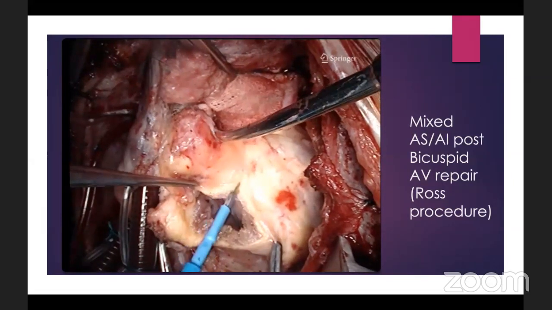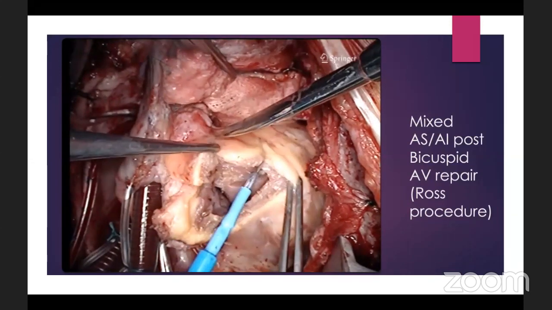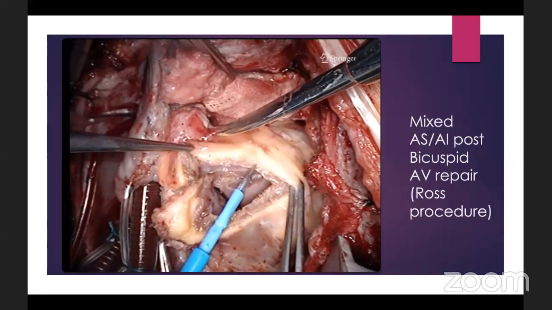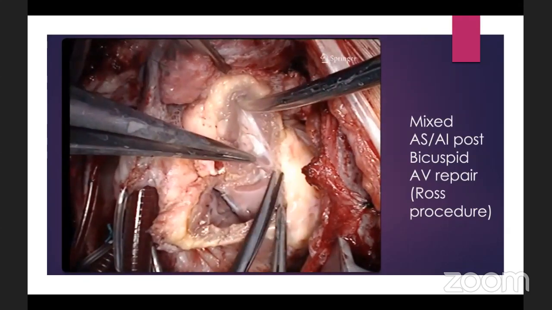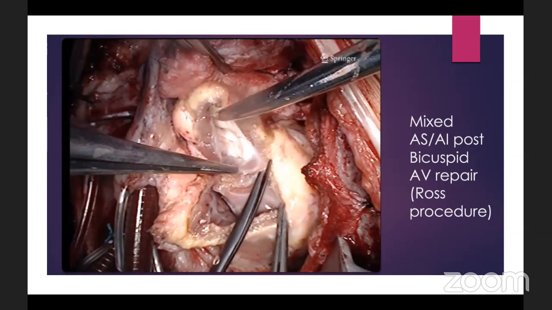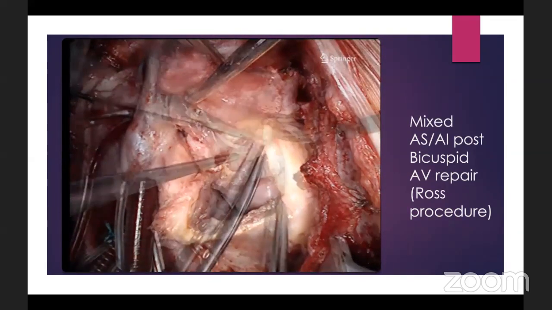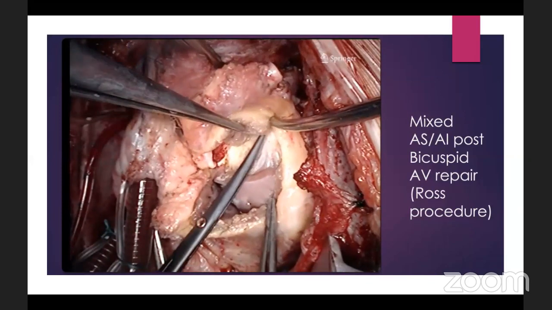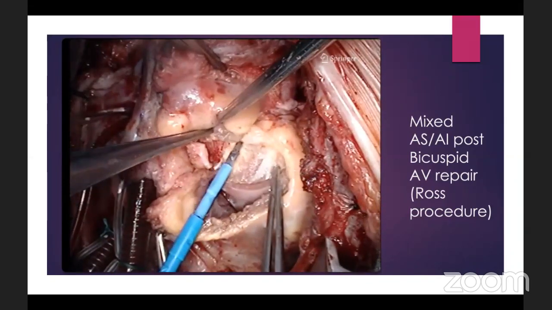Now, because of the advances made in the aortic valve repair techniques, most of the Ross procedures end up being redo procedures. And that adds a component of difficulty to the dissection. But if you follow anatomical boundaries and are careful, it should be fine.